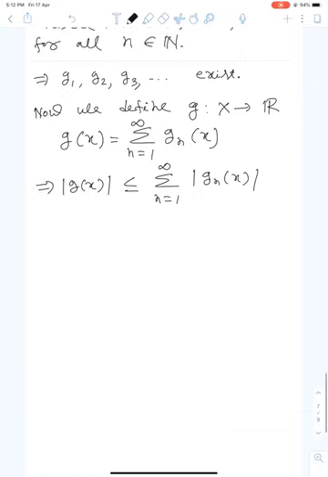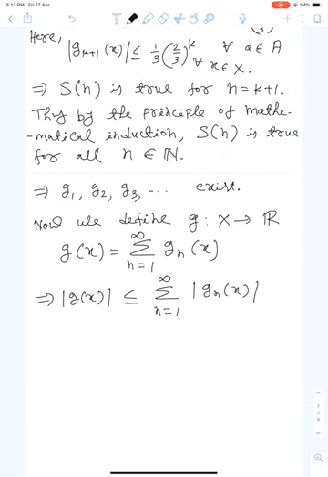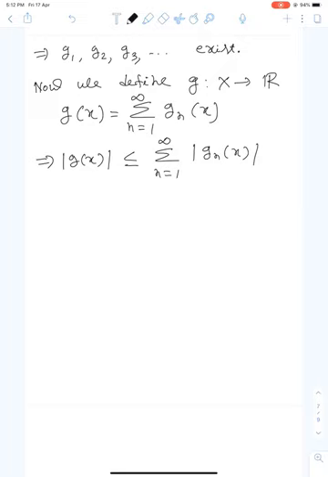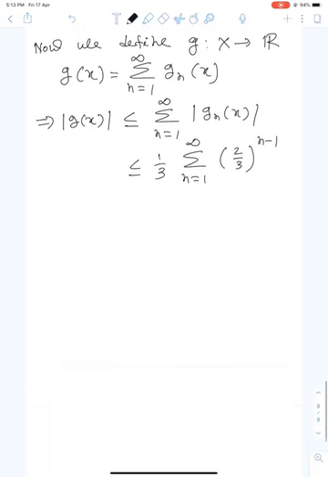We know that |gn(x)| is less than or equal to 1/3 × (2/3)^(n-1). So that implies it is less than or equal to 1/3 times the summation of n equal to 1 to infinity of (2/3)^(n-1).